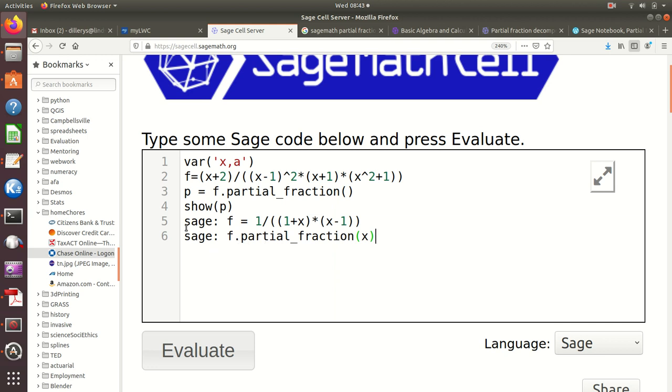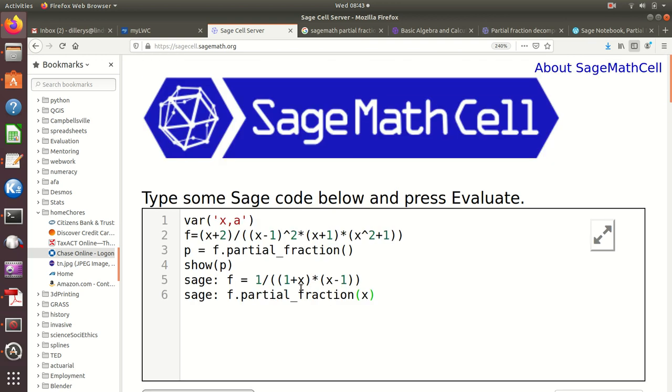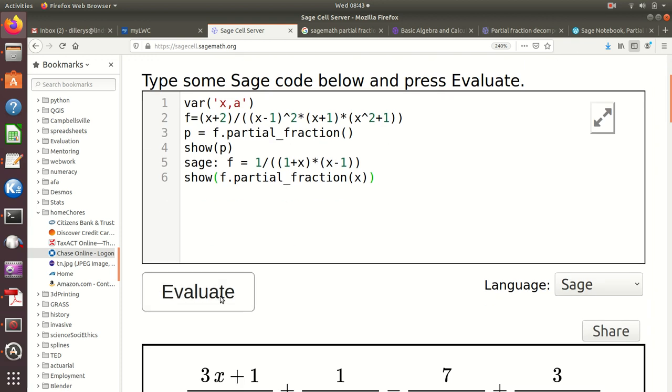But it will run that with Sage: in front of it. Now I usually clean that up to get rid of it. Let's see if it showed it. Now see, it didn't show it, but here I could just go like that real quickly and say show and do that and evaluate again.